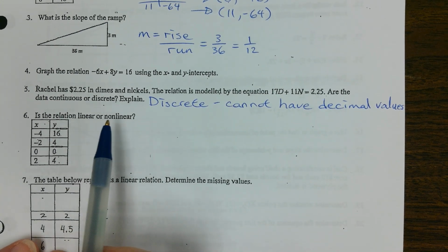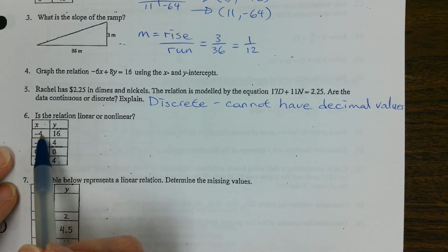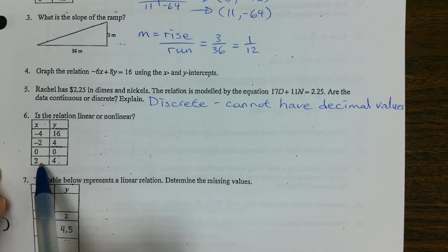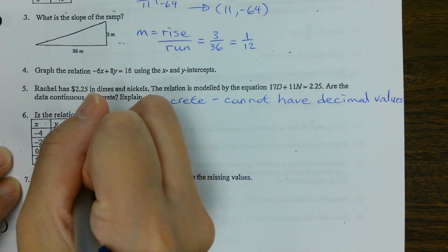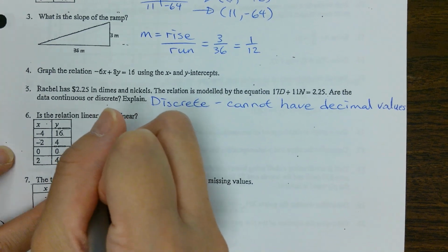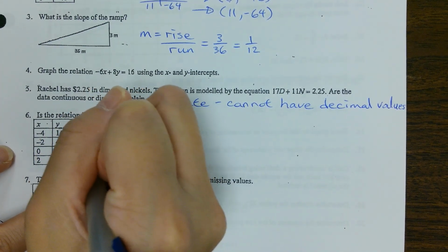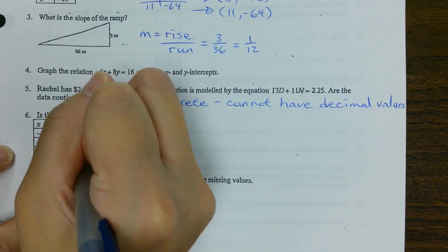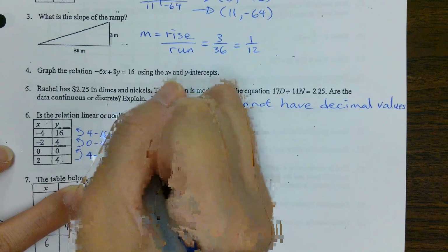Is the relation linear or nonlinear? Looking at this table, is my x value going up constantly? Yes. So that means I can simply do first difference. 4 minus 0, 4. 0 minus 4, negative 4. 4 minus 16, negative 12.